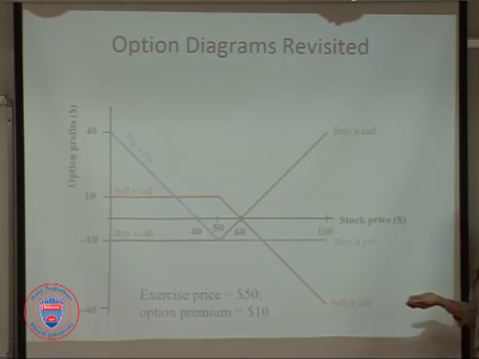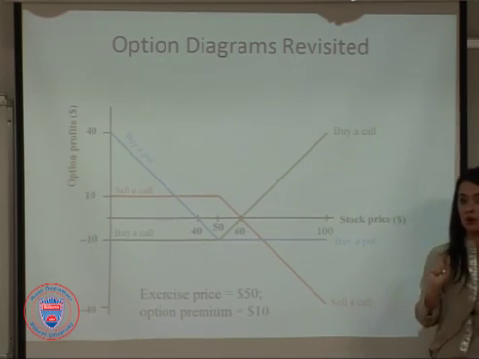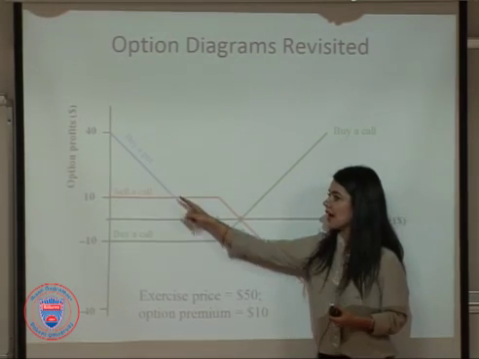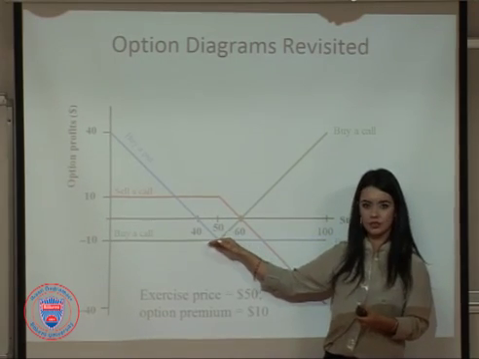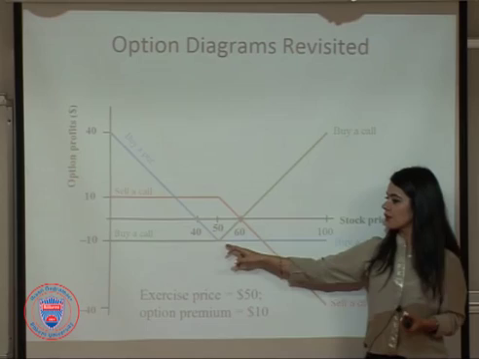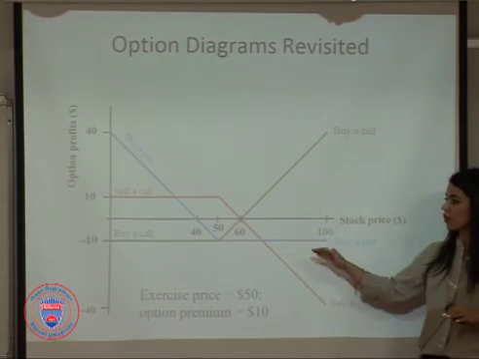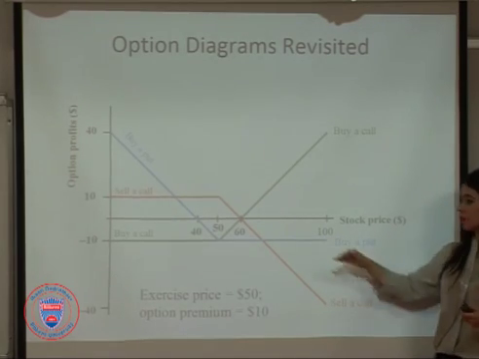When you buy a put, you're paying $10 and you're going to exercise the put option only when the stock price is less than the strike price, and your payoff will decline as you get closer to the strike price. And whenever the stock price is higher than the strike price, you're not going to exercise the option. The only thing you're losing is the price you paid for the put, which is $10.